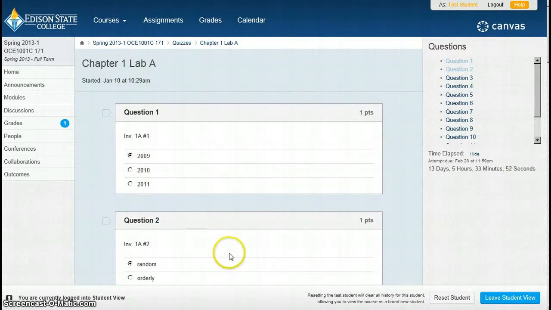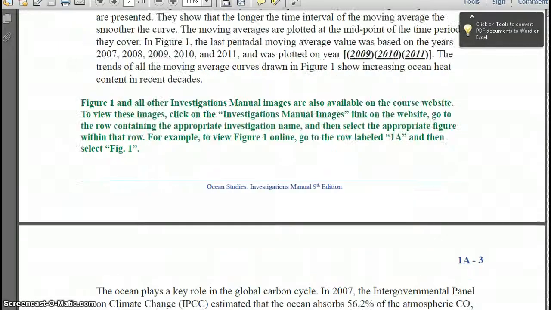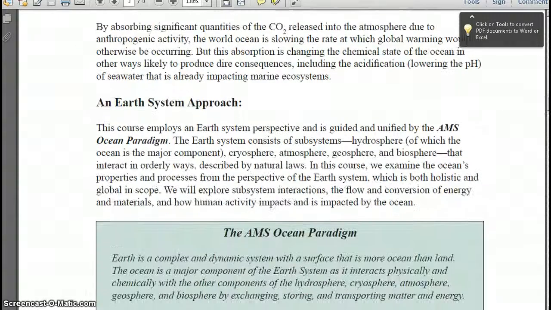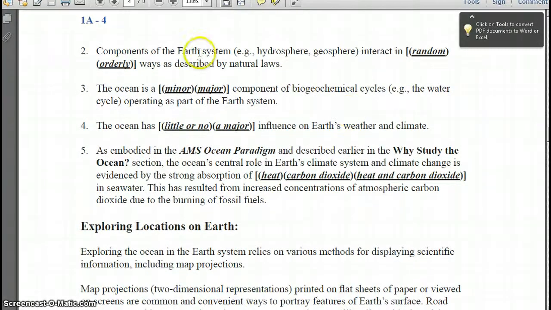And then we move on to question 2. So we'll continue reading this lab. And when we get down to here, you'll see questions 2, 3, 4, and 5. Question number 2, components of the Earth system interact in random or orderly ways as described by natural laws.